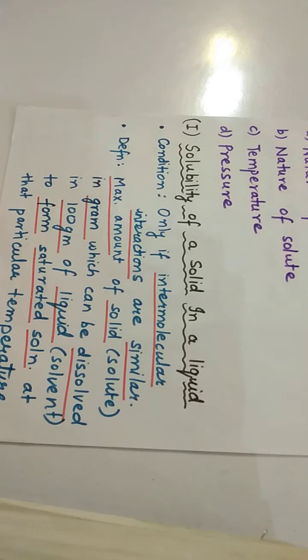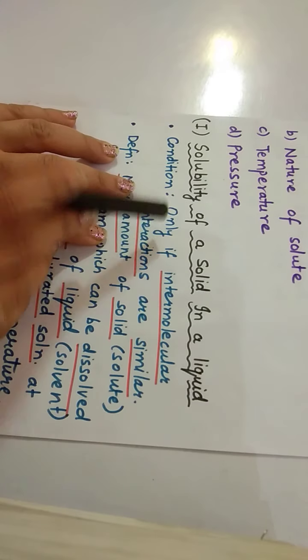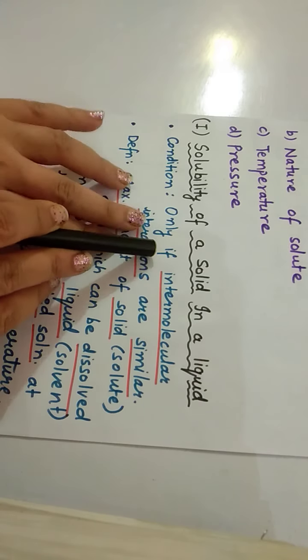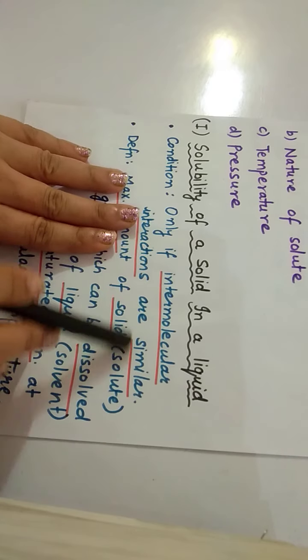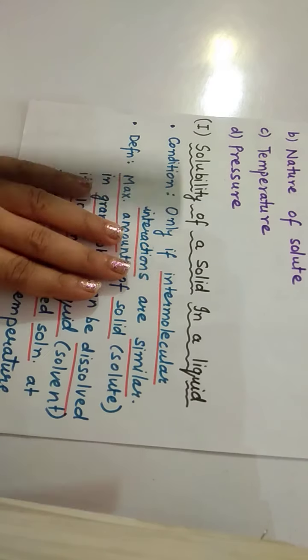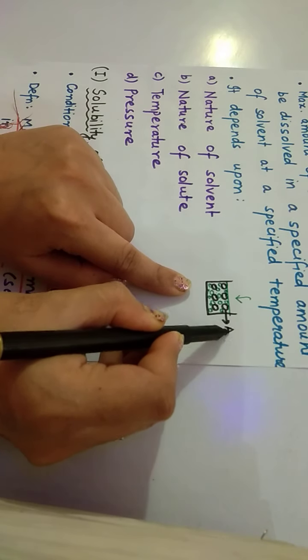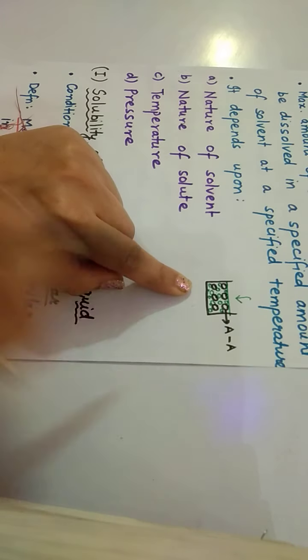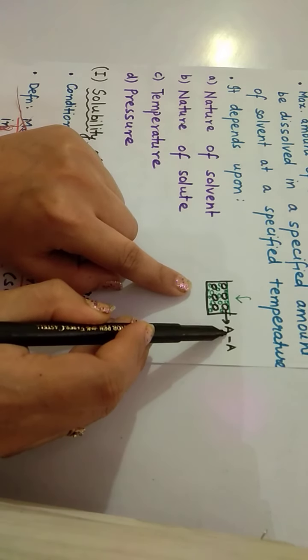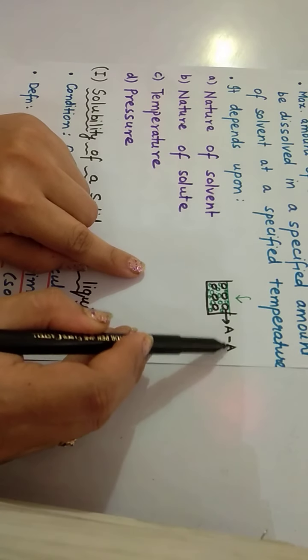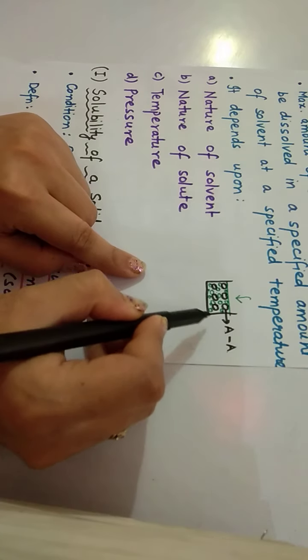The condition for solubility is that they are soluble only if intermolecular interactions are similar. Now what are intermolecular interactions? Suppose the water molecule is solvent molecule A and another solvent molecule A. There are interactions between the water molecules, AA.